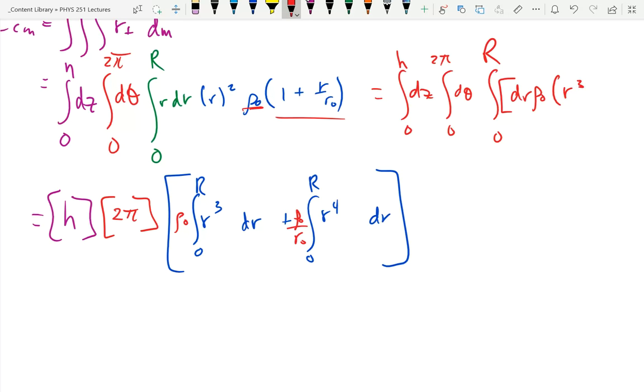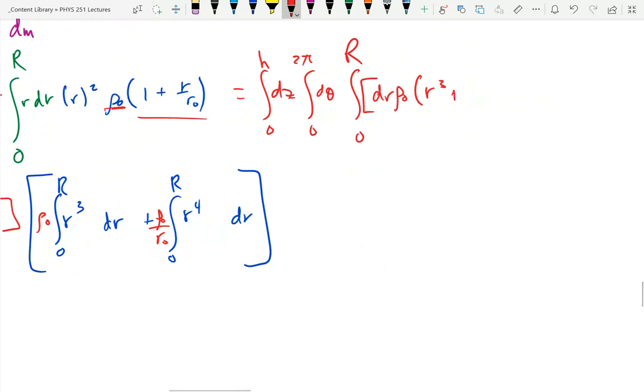And then we have r times r squared times r over R, which is r to the 4th over R. So there I've just distributed the r's, but I've kept what I can factor out that's not an r factored out. The reason I distributed the r's but didn't distribute the other things is because r is the variable of integration.